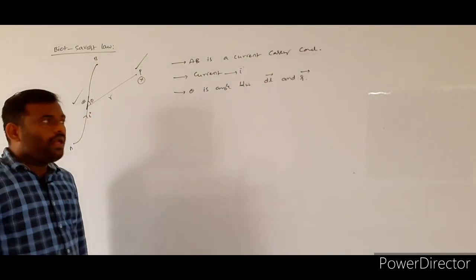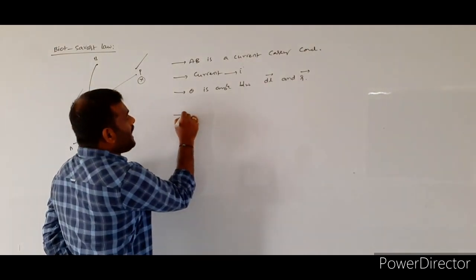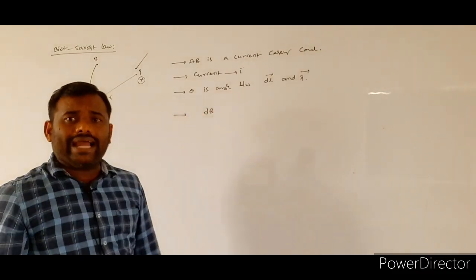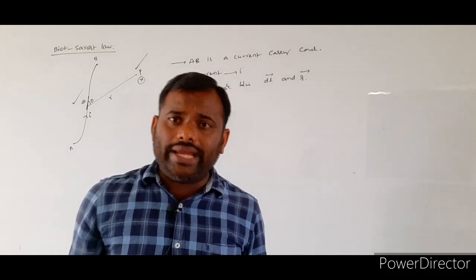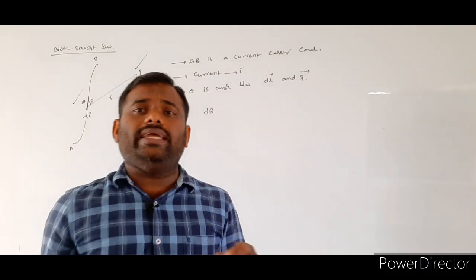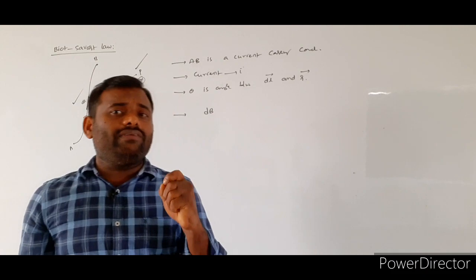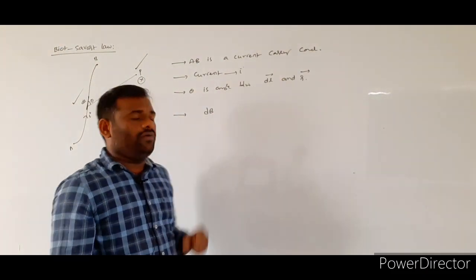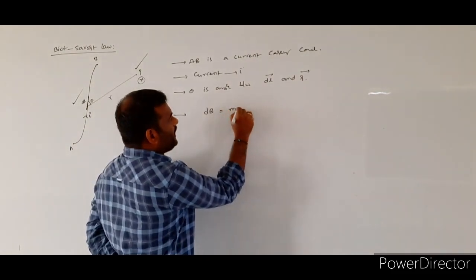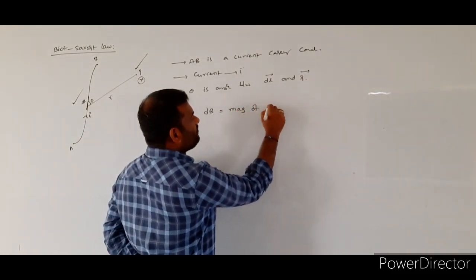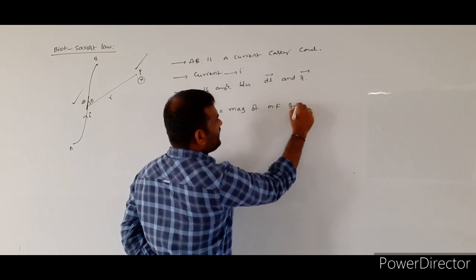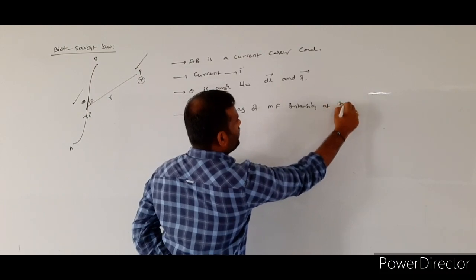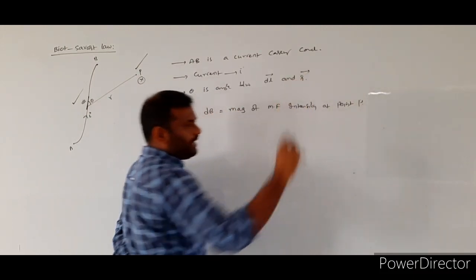Now, according to the Biot-Savart law, the magnitude of the magnetic field intensity at the point P due to the element dl, we assume as dB.